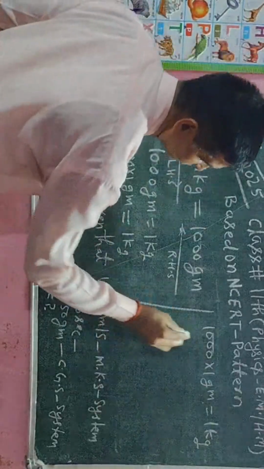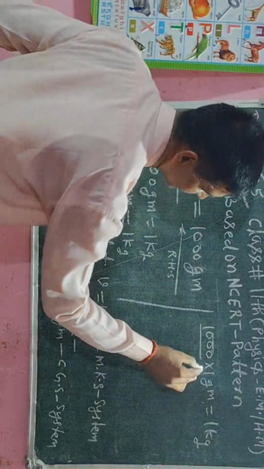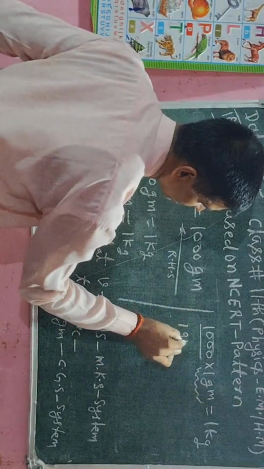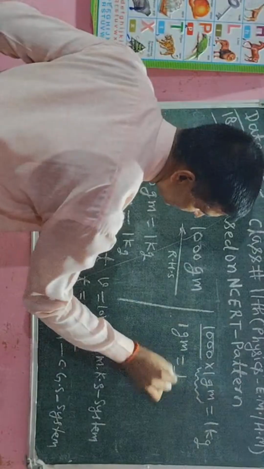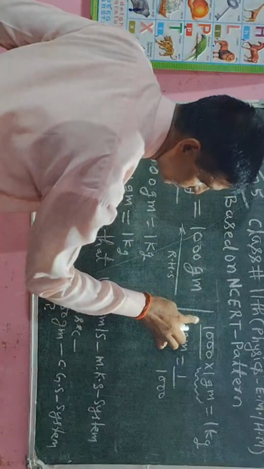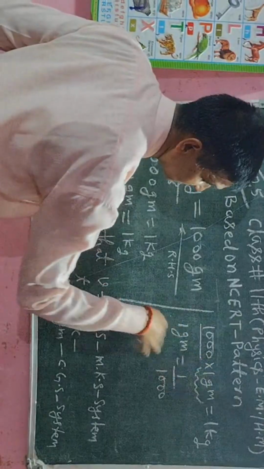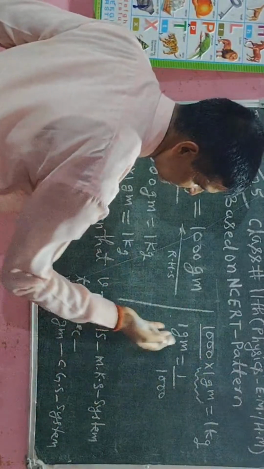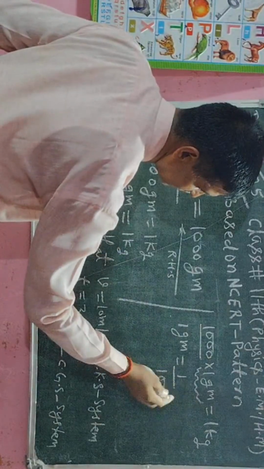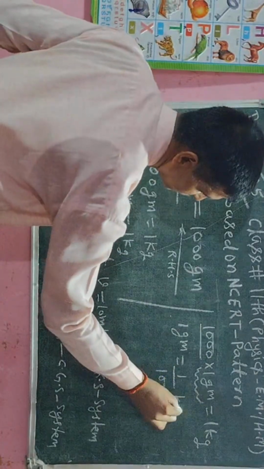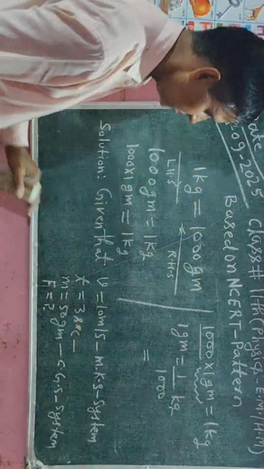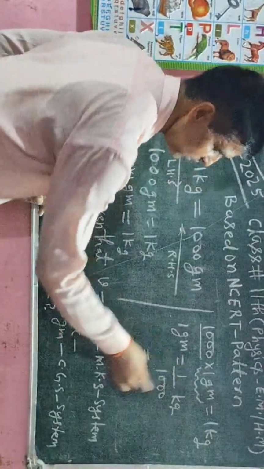Okay, now we have to indicate the value of this 1 gram. So 1 gram is equal to 1 divided by 1000, because here 1000 is multiplied by gram, so it will go to the right hand side. So I will divide 1 kg by 1000. This is very easy to divide 1 by 1000.